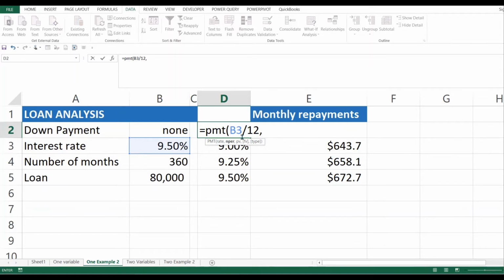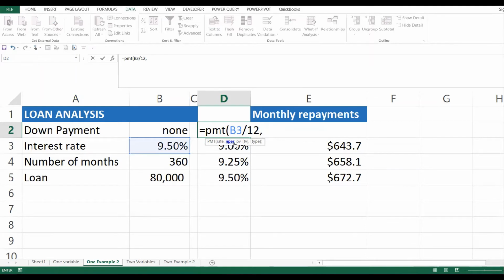So in Excel, we have a formula which can calculate the monthly repayment on a loan if you give it an interest rate, the number of months and the loan that you are taking. Using the PMT, it takes the first argument as the interest rate. My annual interest rate is 9.5, so I divide by 12 to get the monthly interest rate.